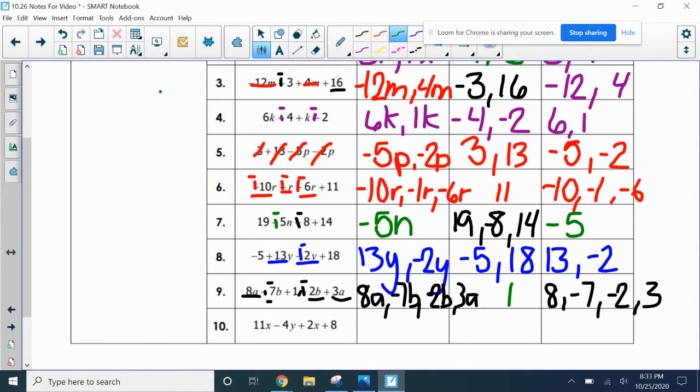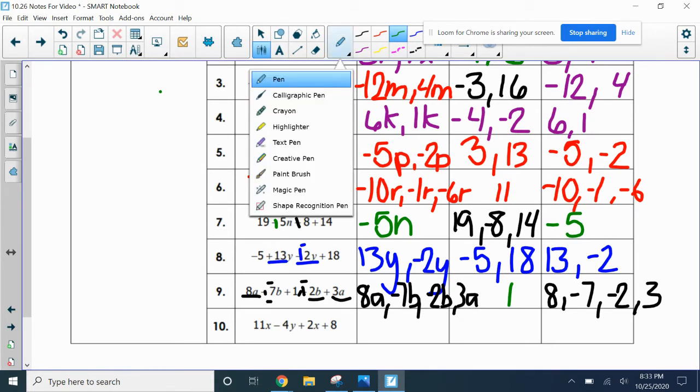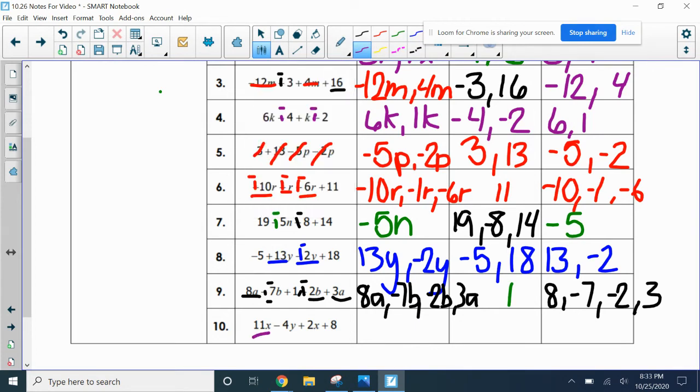All right, last one. I see 11 has an x attached. I see this plus a negative 4y has a variable, and positive 2x. So I have 11x. I have negative 4y. And I have 2x. And again, our coefficients are those numbers attached to variables.